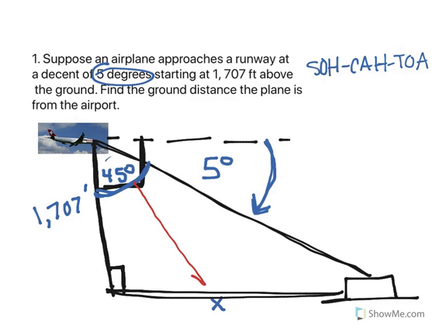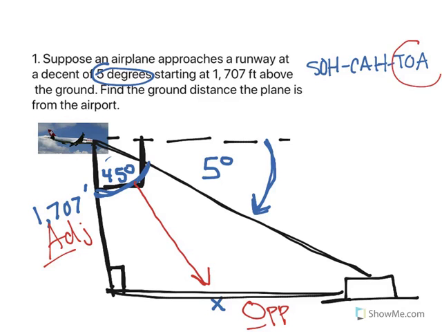So if I look at my 45-degree angle and I go out, I run into X, which is my opposite side, O. And then this 1,707 feet is going to be adjacent to my angle, so label it with an A for adjacent.